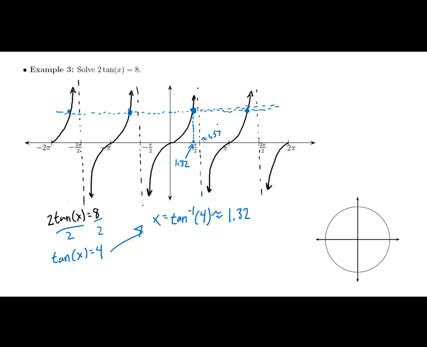Remember that the tangent has a period not of 2 pi, but of pi, right? Tangent has a period of pi. And also notice that every interval here between vertical asymptotes has exactly one solution.